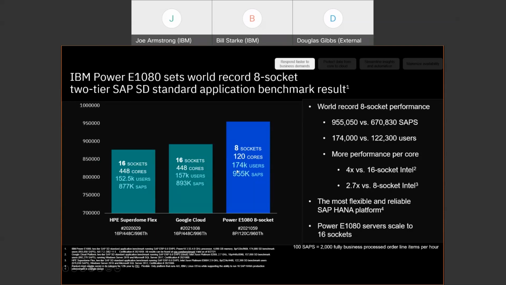And so what's the benefit here? Well, you have not quite a fourth, but less than that, of the number of cores. That's a lot fewer components to break, smaller systems, smaller footprints, better performance, less energy usage. So there are all kinds of reasons why you would want to go with a Power system using SAP rather than either of these other two options.